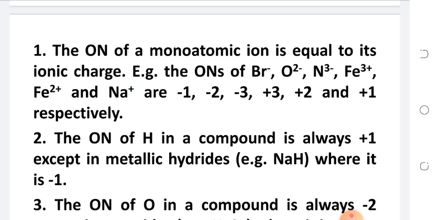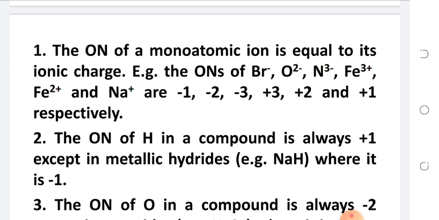In metallic hydrides, hydrogen gains an electron, and when we were being taught electrovalent combination, we were told that when an atom gains an electron, it becomes negatively charged, and vice versa. That is, when it loses an electron, it becomes positively charged.